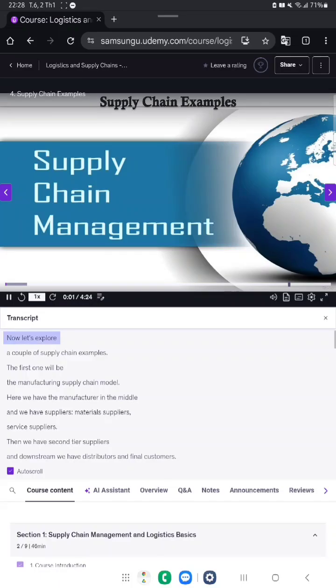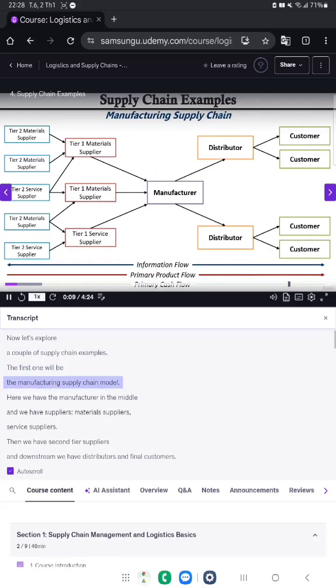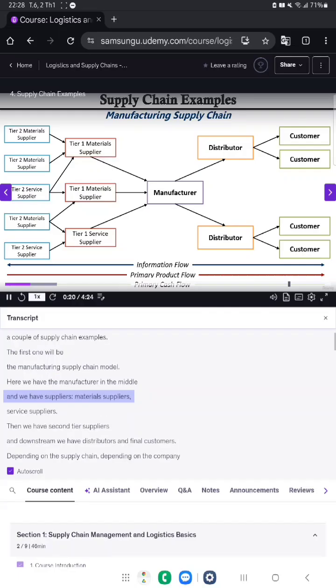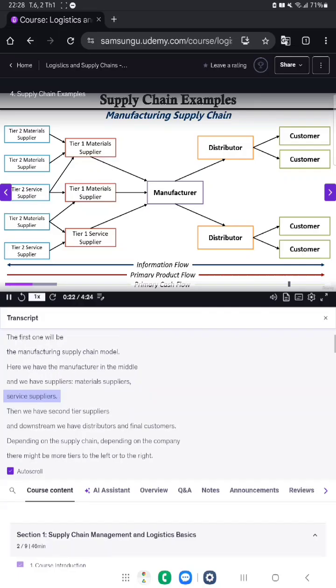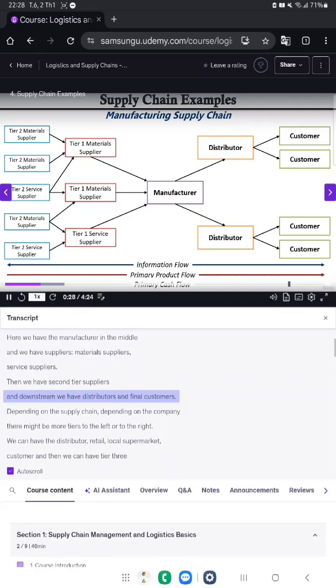Now let's explore a couple of supply chain examples. The first one will be the manufacturing supply chain model. Here we have the manufacturer in the middle, and we have suppliers, material suppliers, service suppliers, then we have second tier suppliers, and downstream we have distributors and final customers.